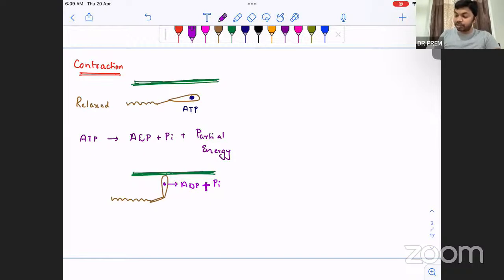The phosphate molecule is taken away from the myosin head. Let me take you to the next orientation. Here the adenosine diphosphate plus phosphate gets converted to simply adenosine diphosphate alone, because the phosphate is completely taken off.